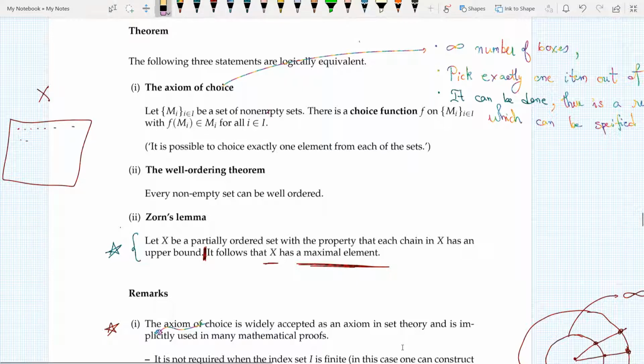Let me draw the different chains with different elements with different colors. And now what Zorn's lemma says is that there exists a maximal element, so there exists an element such that it is the maximal of every element in this chain.